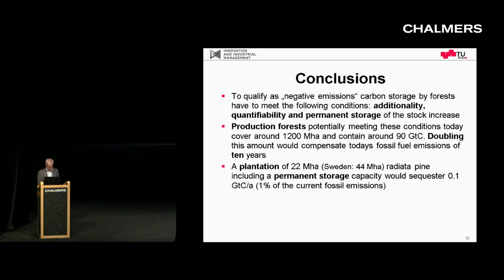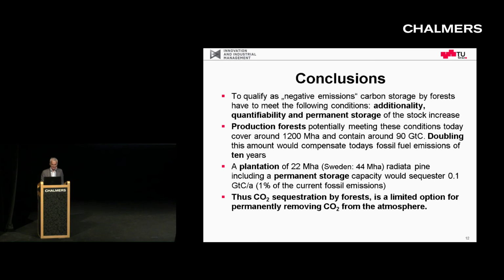Doesn't seem quite realistic. So the final conclusion that I would be drawing myself from this is that CO2 sequestration by forest is a quite limited option for permanently removing the CO2 from the atmosphere.